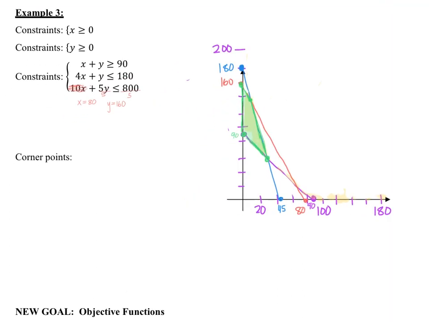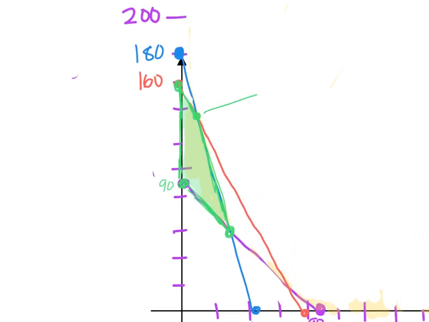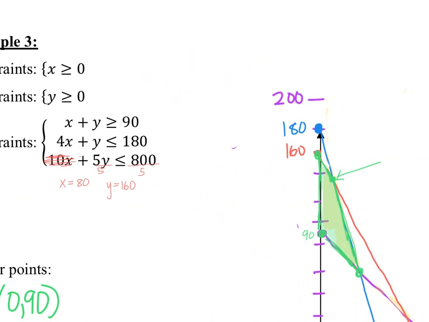So my corner points are 0, 90 and 0, 160. But then I need to find this corner point here. And that is the intersection of the blue and the red lines. Okay, I did blue and red for the second two equations.